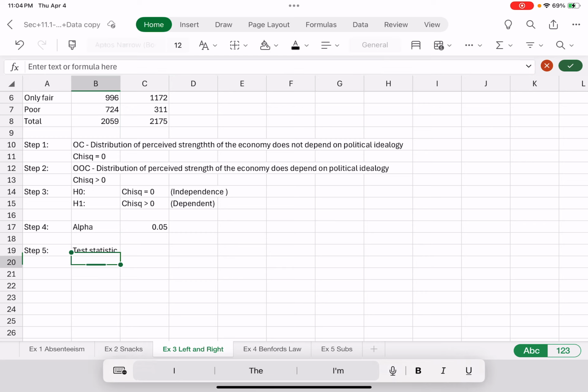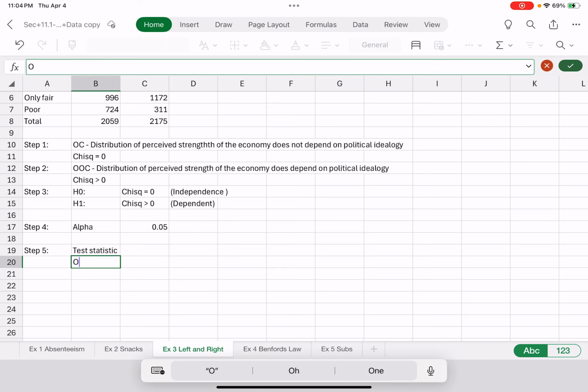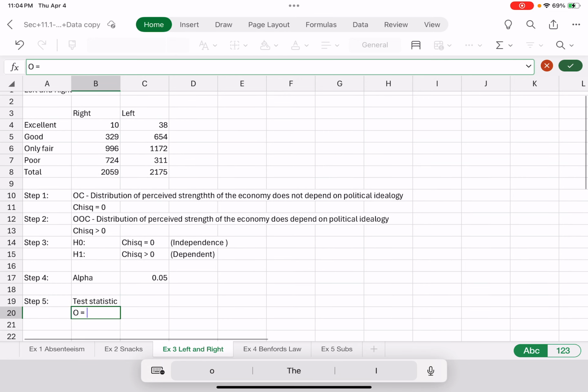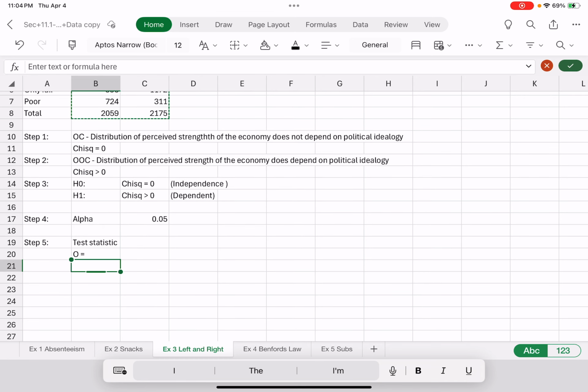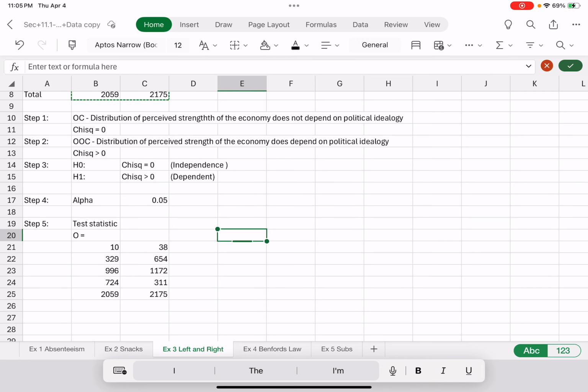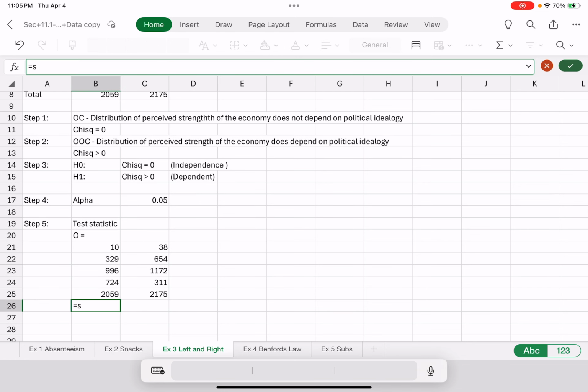All right, so we need observed, and those are here. Okay, then I'm going to need totals. So column totals and row totals. So equals sum of all of that.